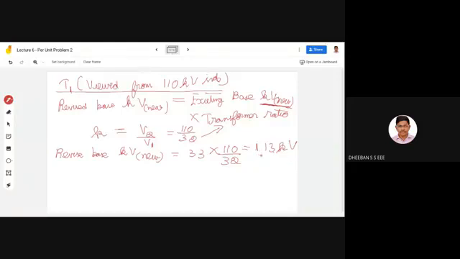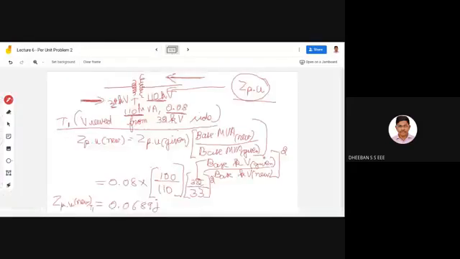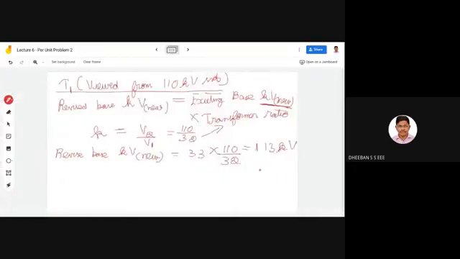In this formula, the revised kV new must be substituted in Z per unit new. If you consider that formula, Z per unit new will be equal to 0.08 into base MVA new, which is 100, divided by the given 110, into base kV new, which is 110, divided by the revised base kV new, which is this value.